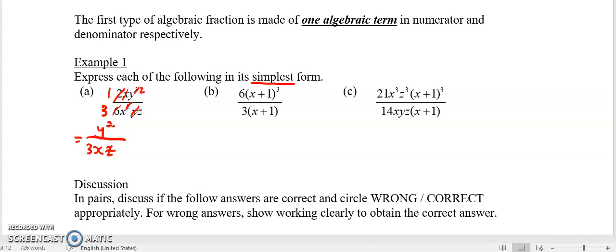Now let's look at the next example, B. In the numerator, we have a numerical value of 6. Between 6 and 3 in the denominator, 6 can be divided by 3, and 3 can also be divided by 3. So for 6 we'll be left with 2, and the denominator 3 will become 1.